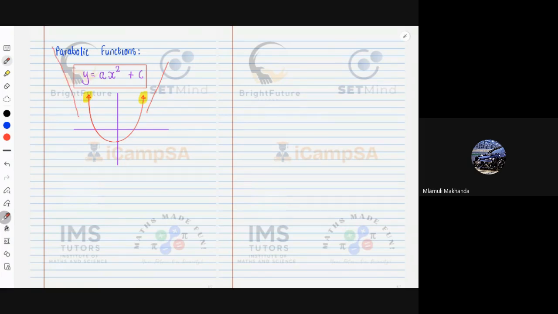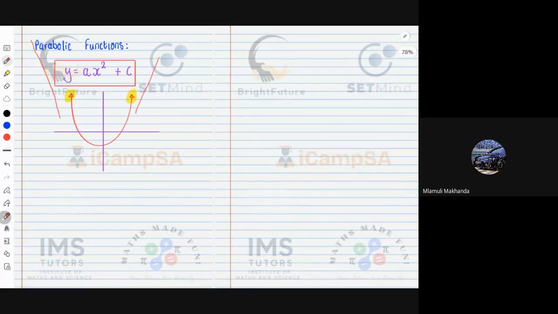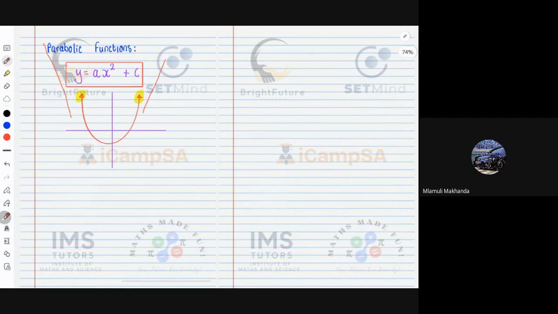And for a parabolic function, you can already see that as we are moving up in the positive y direction, we are also expanding. So this function is essentially moving in the positive y direction, and even though it's not very clear or sharp, there is also a movement in the positive x direction.